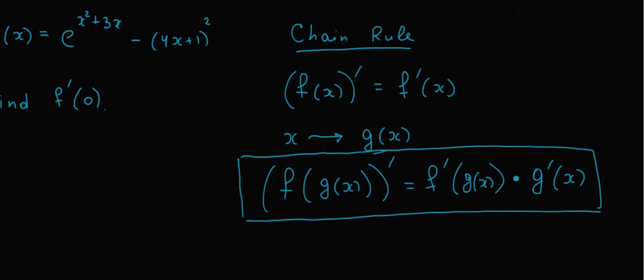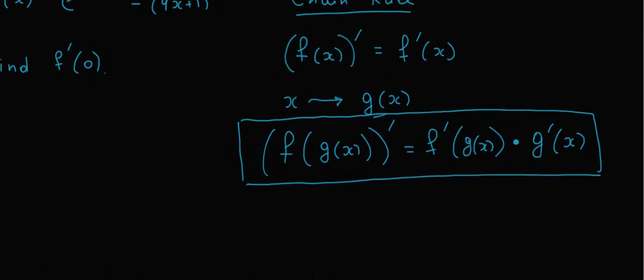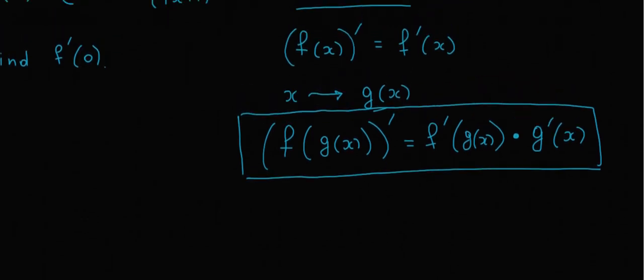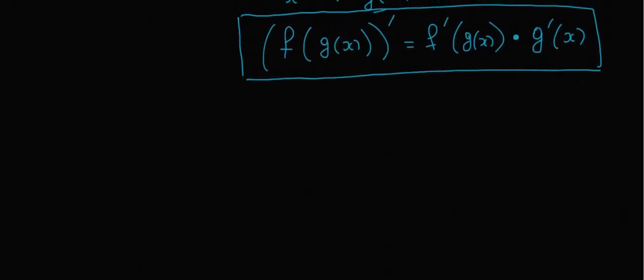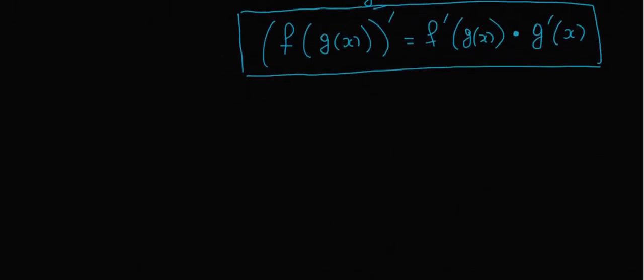Let me give you an example with this chain rule, which will also illustrate the need for it. So let's start with a function f of x equals x squared. By the power rule, we know that the derivative of x squared equals 2x. Now suppose I want to replace x with x squared.